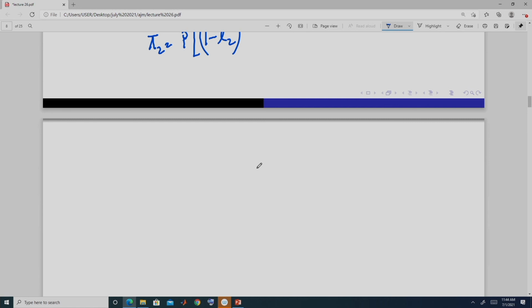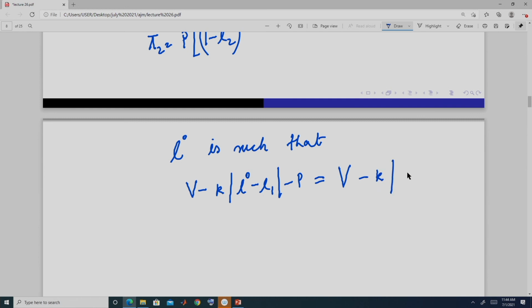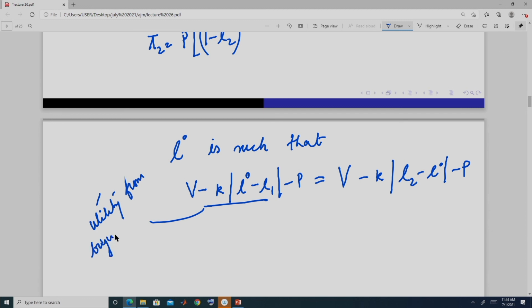L naught is such that V minus K times (L naught minus L1) minus P should be equal to V minus K times (L2 minus L naught) minus P. This is the utility from firm 1, and this is the utility from firm 2.